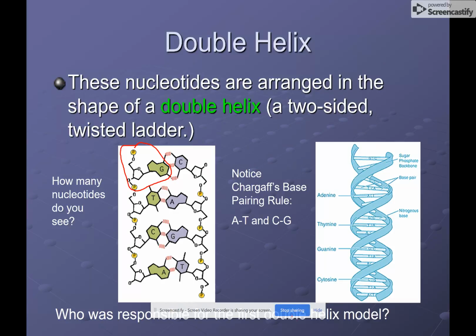So in this example, we have 1, 2, 3, 4, 5, 6, 7, that's a terrible 8. But in total, we have 8 nucleotides. You could also say we have 4 base pairs. If you remember from the last lecture, the people responsible for this were Watson and Crick.